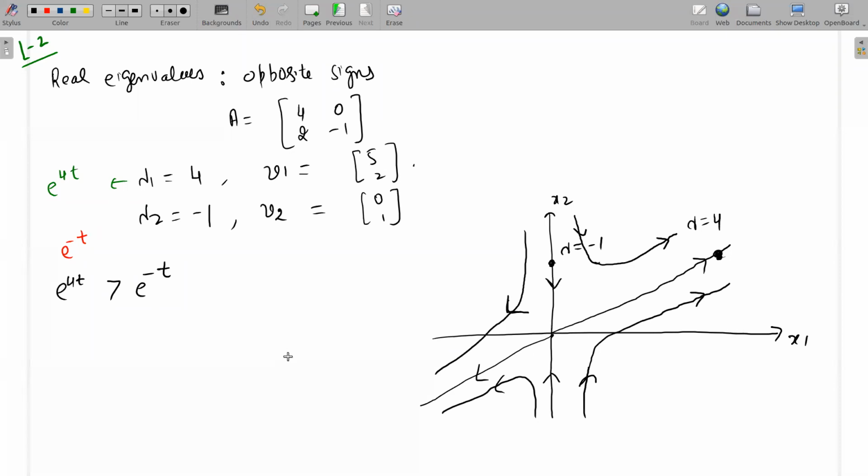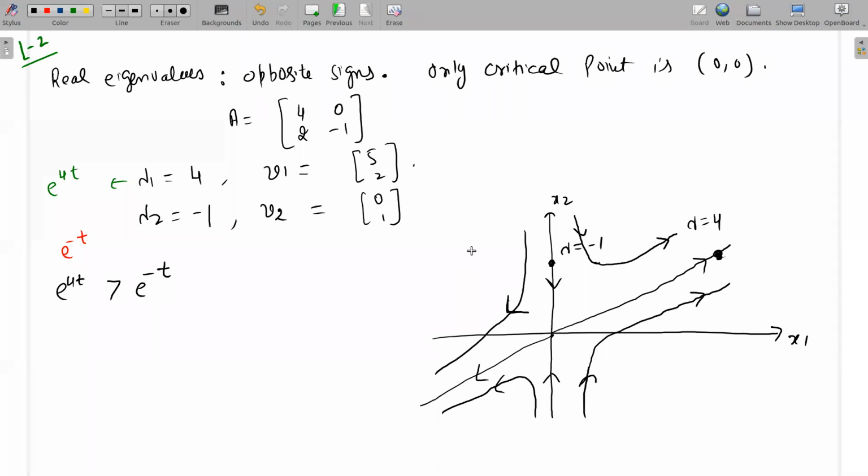So this is an example where you have eigenvalues of opposite signs, and of course we are taking only the critical point, which is (0, 0).